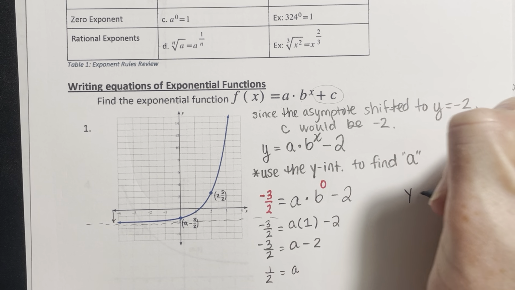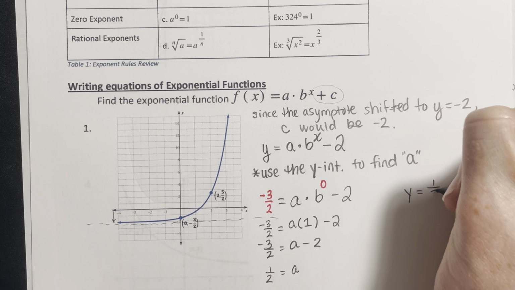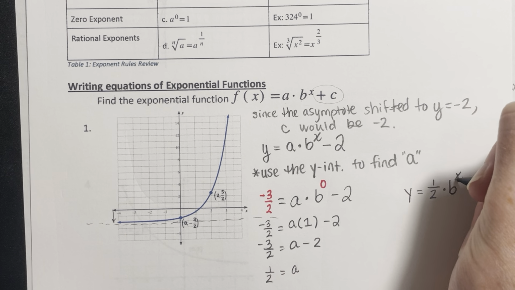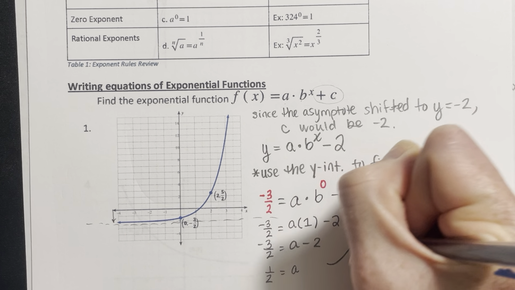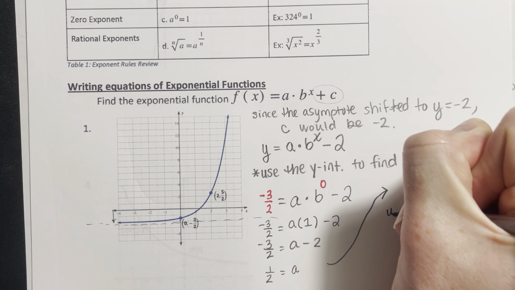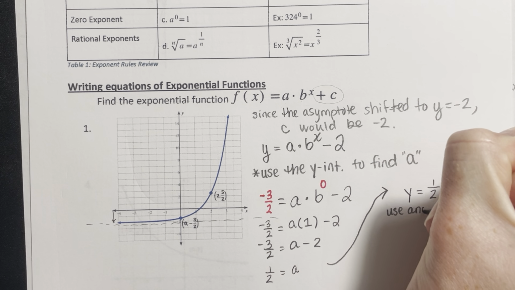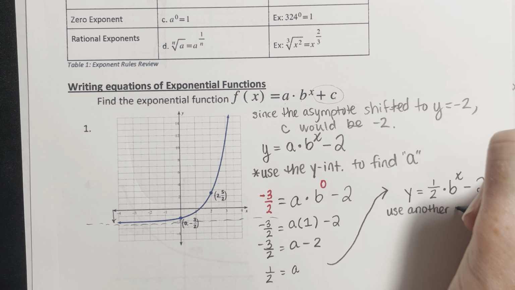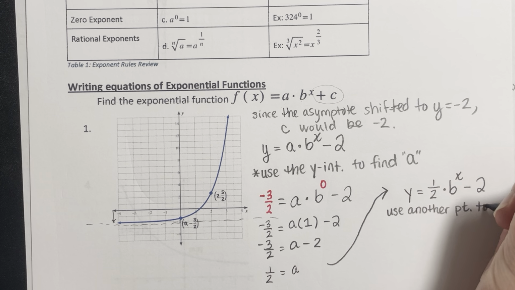Now we know y equals 1/2 times b to the x power minus 2. We still need to find out what the value of b is. We can use another point to find b.